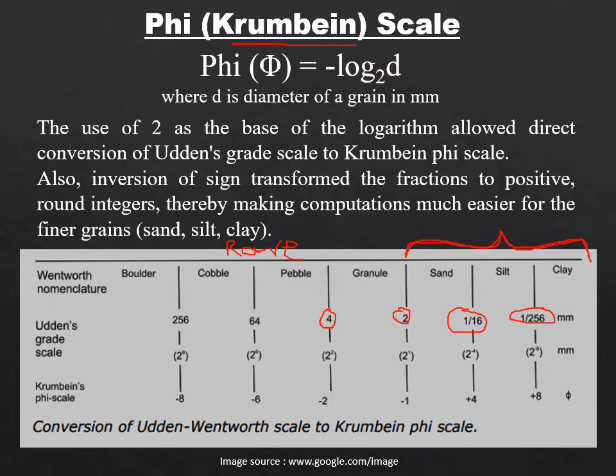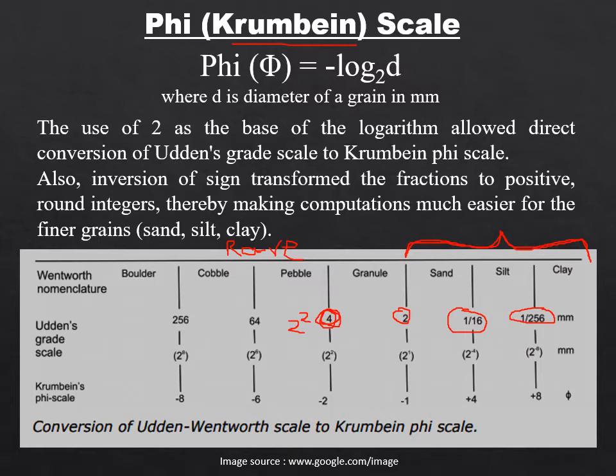What he did was use the log value of the grain size diameter. Say for example, if we choose the size class 4, we know it is expressed in powers of 2, as a multiplication of 2. So 4 can be expressed as 2 to the power 2.